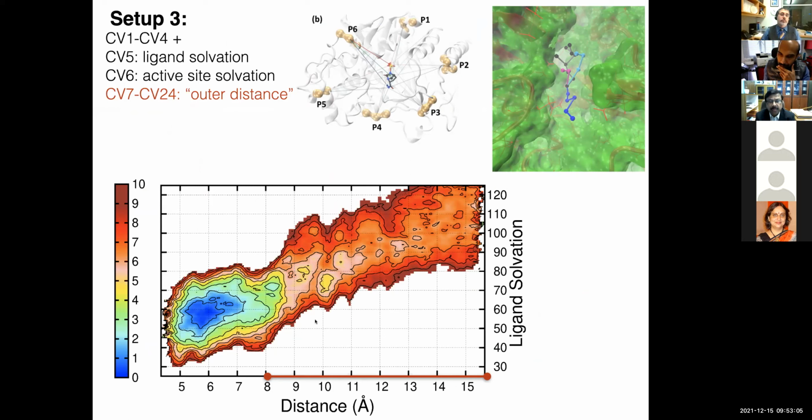No, I understand that. I just want to understand what your ligand solvation CV is. Okay. So what happens is that we wanted, at the bottleneck of the protein entry, where the ligand is just about to enter the protein, that's where all these complications happen. So you have the ligand solvated by water, and we would like the water molecules also to diffuse a little quicker so that it can also sample other configurations.